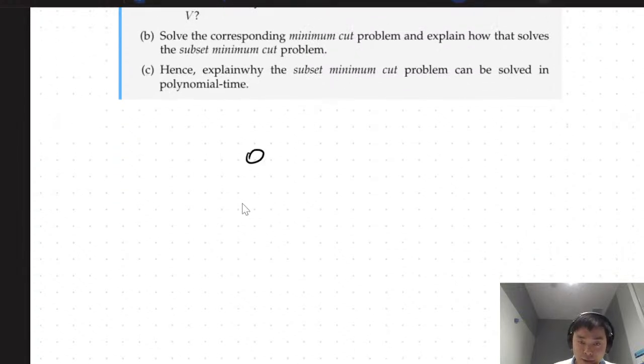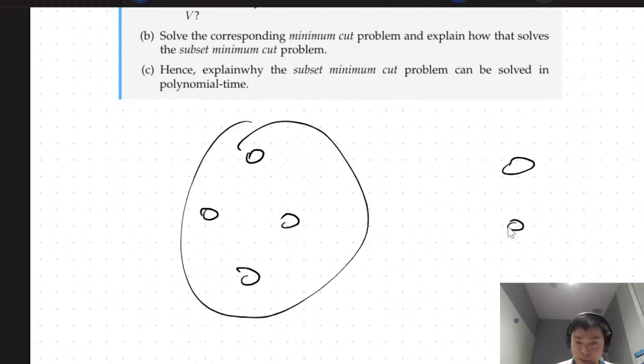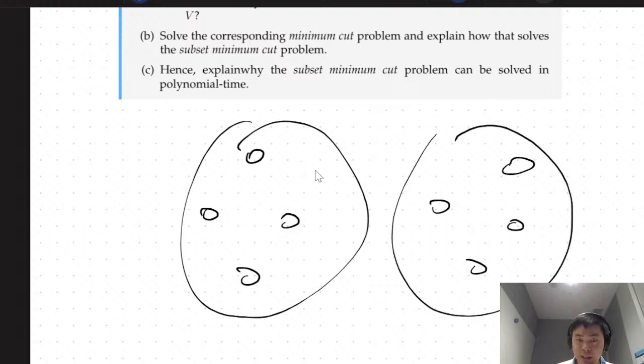If I have a subset of vertices and another subset of vertices, we want to find the smallest capacity cut that disconnects this set from this set.